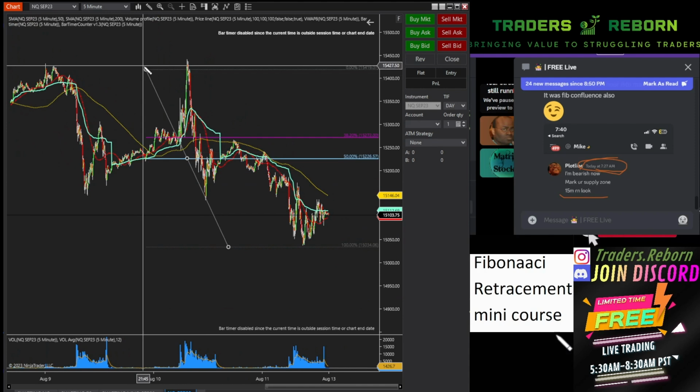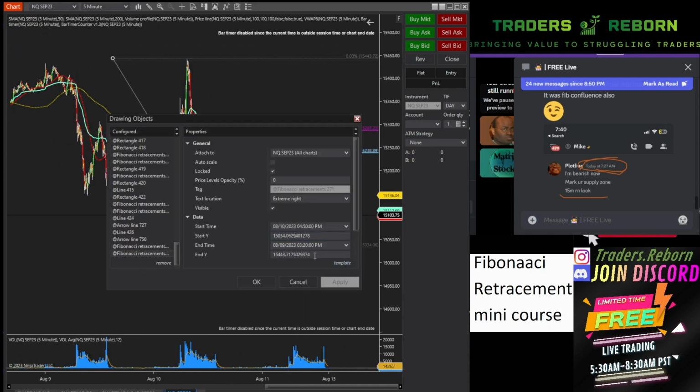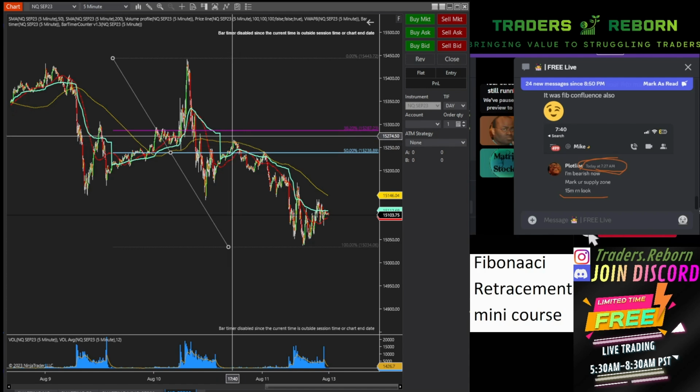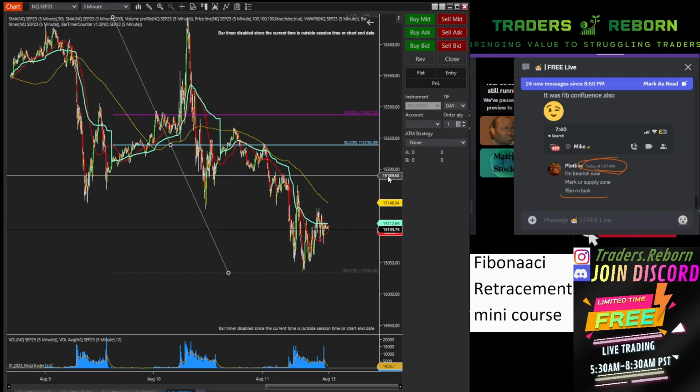So let's say, for example, this right here. Normally I would have the fib on the higher time frame set to my higher time frame fib template, and this would be dash, and this would be bold dash.